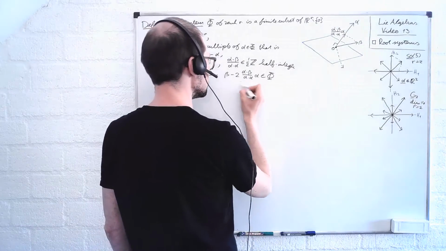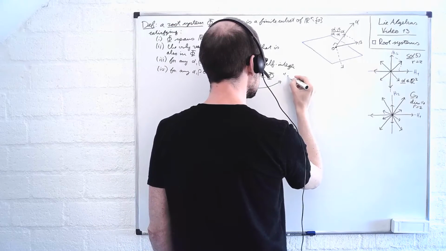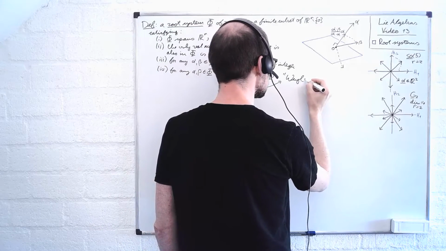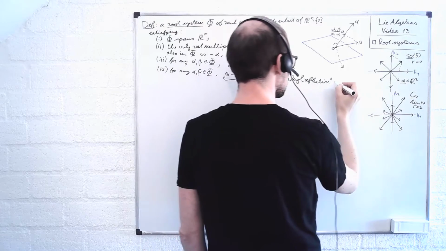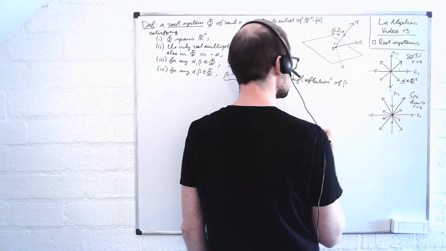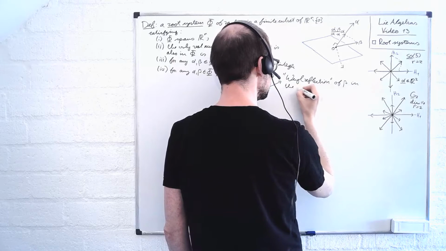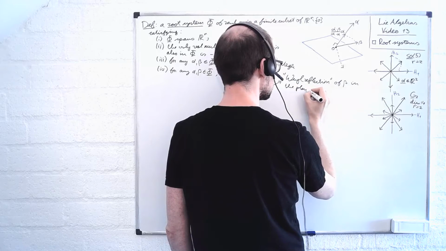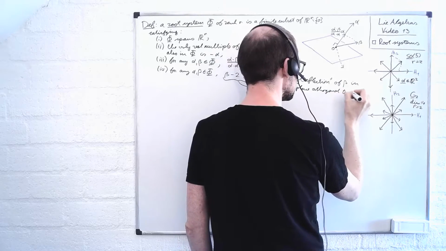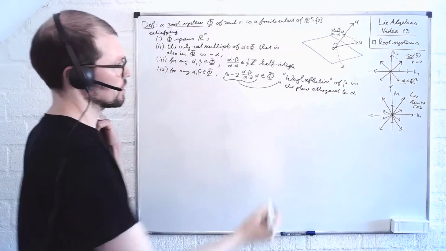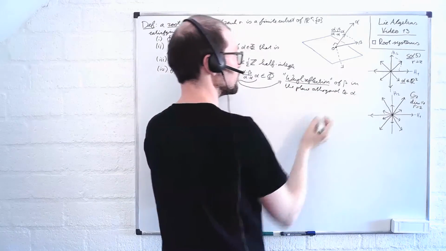So this combination is called the Weyl reflection of beta in the plane orthogonal to alpha. So it's the reflection of beta in the hyperplane that is orthogonal to alpha.